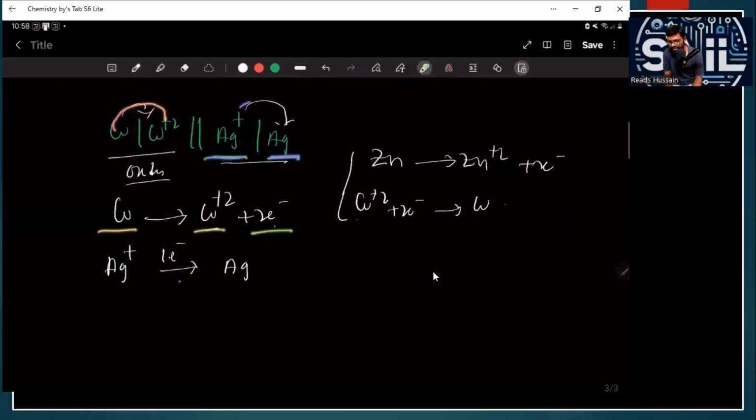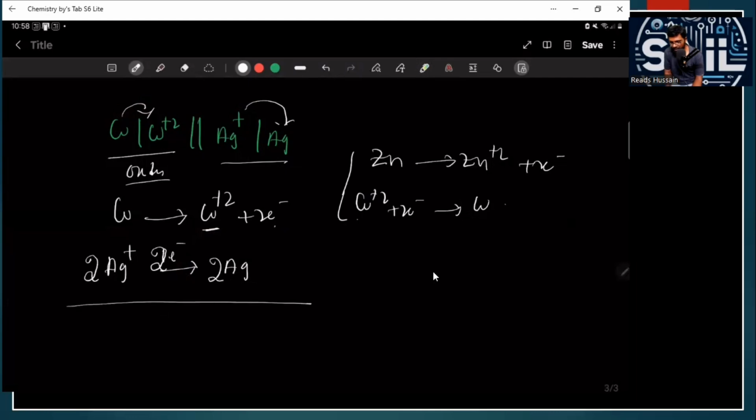But the thing is, here the number of electrons should be the same. Here 2 electrons are there, no? Here also there should be 2 electrons. That means we have to take 2 moles of Ag: 2 Ag plus plus 2 electrons gives 2 Ag. Now, if you want the complete reaction, let's cancel the electrons.